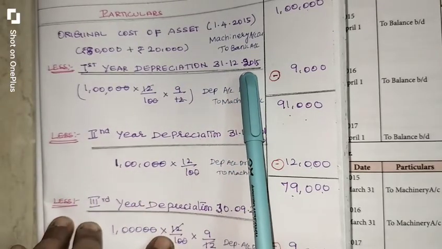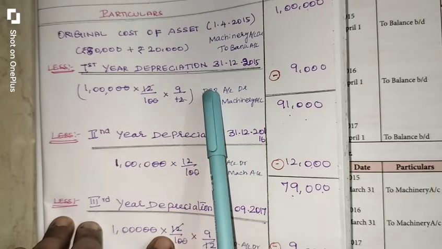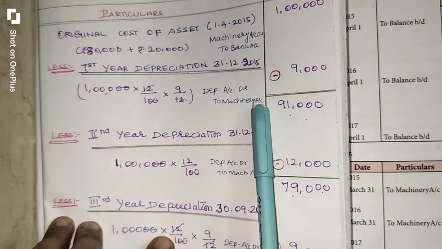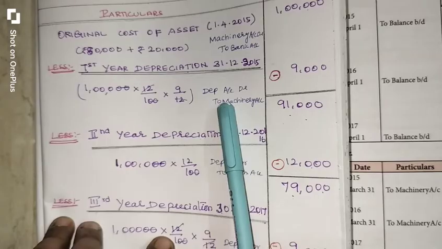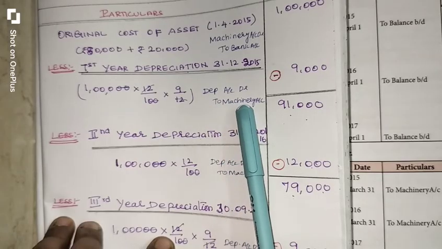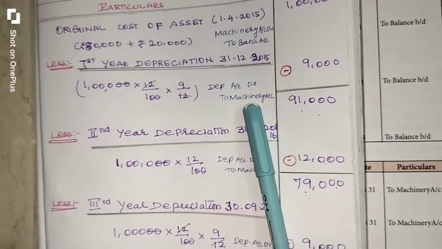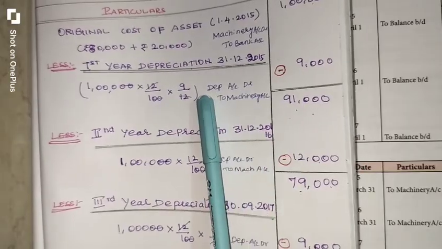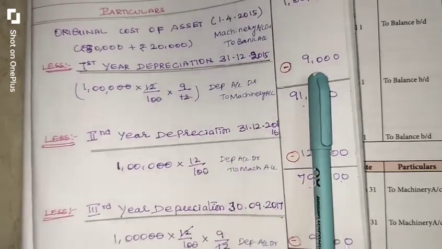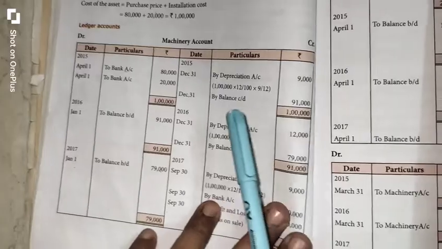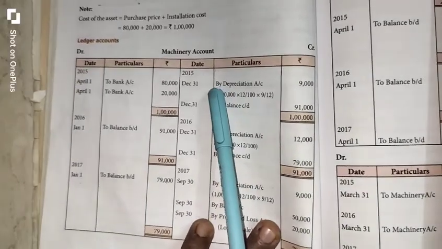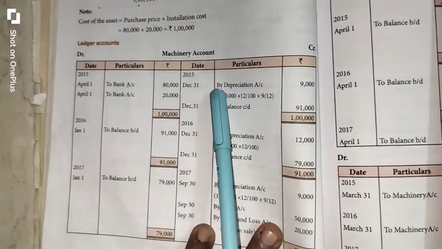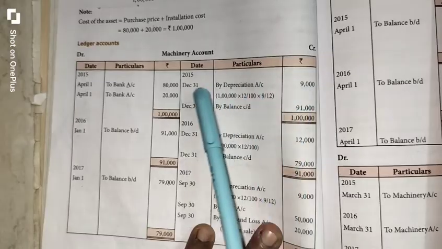What is the journal entry for depreciation? Depreciation account debit to machinery account, 9,000 rupees. The machinery account is on the credit side, so you go to the credit side and enter the opposite account, By Depreciation account, 9,000 rupees, dated 31st December 2015.